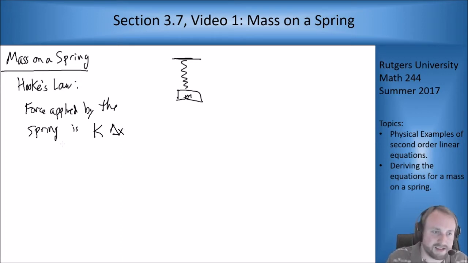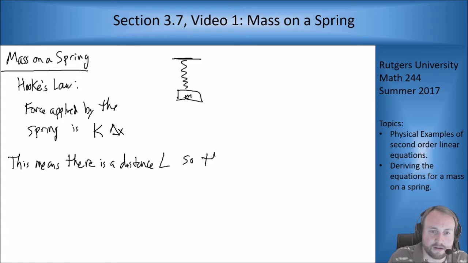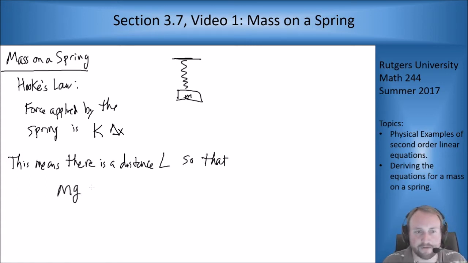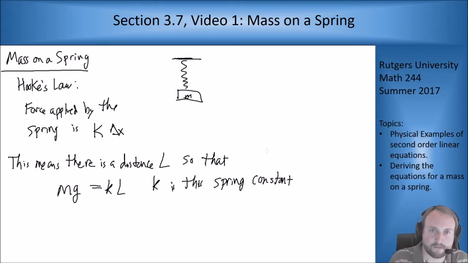So what this lets us say is if we were to take the mass, put it on the spring, and just let it hang, there's a certain distance it would hang. So this means there is a distance L so that the mass times gravity, i.e. the force pulling down on the object, equals K times L, where K is this spring constant that comes from Hooke's law.